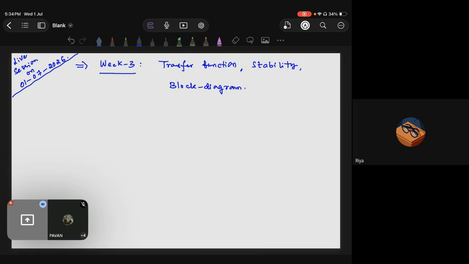Okay, so previous week, if you see week 2, basically week 2 was majorly on the Laplace transforms, correct?